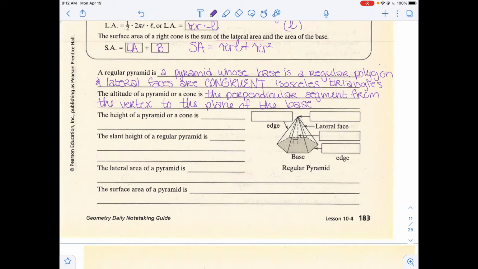Okay, so if we drew a line from the top point straight down to the floor of the pyramid. The height of a pyramid or a cone is the length of the altitude.